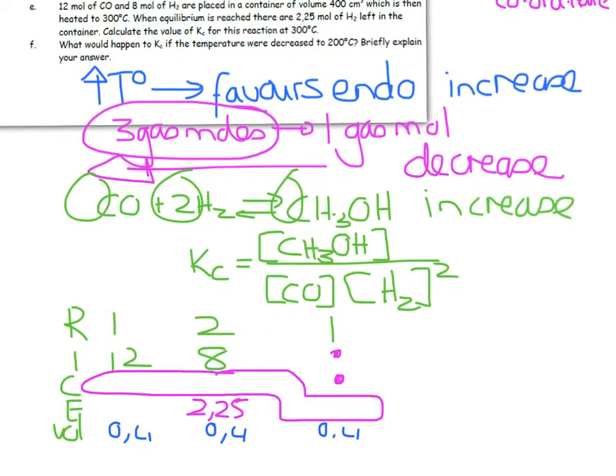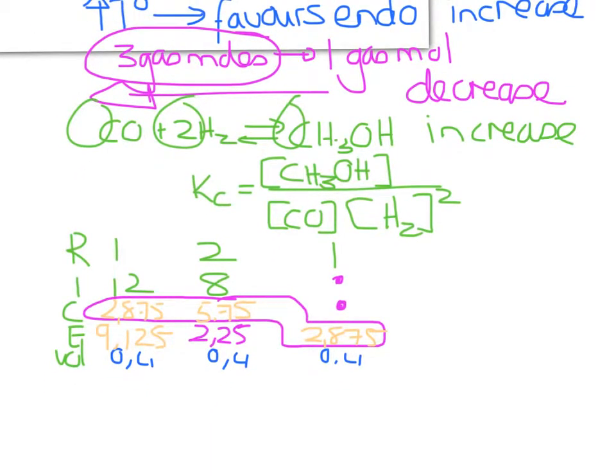Well, then I must have used 5,75. There's a 1 is to 2 is to 1 ratio over here. So this number over here is 2,875, and this number is 2,875. 12 minus 2,875 is 9,125.